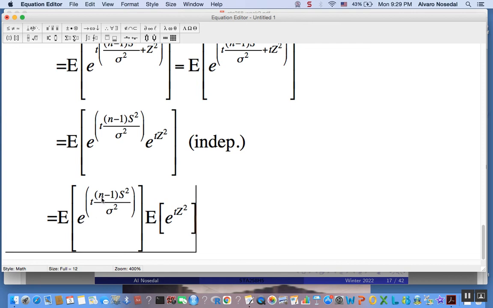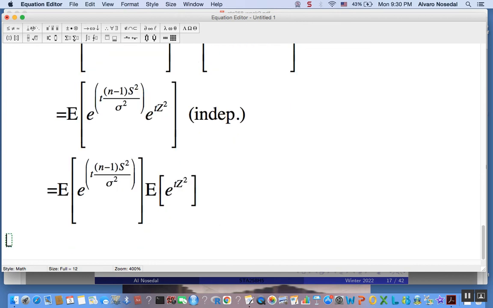Okay, but now if you take a look at this, this would be by definition the MGF of the variable n minus 1 s squared divided by sigma squared times the MGF of z squared, right?